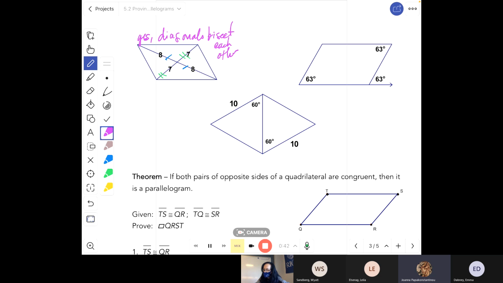Okay, what about the next example? Is that quadrilateral a parallelogram? And how do you know? Opposite angles are congruent. Okay, how are we finding the degree measure here?